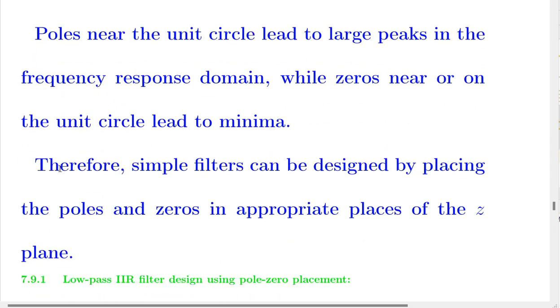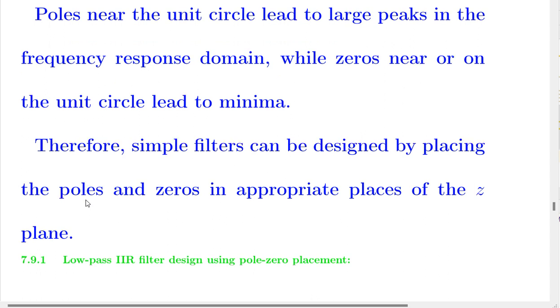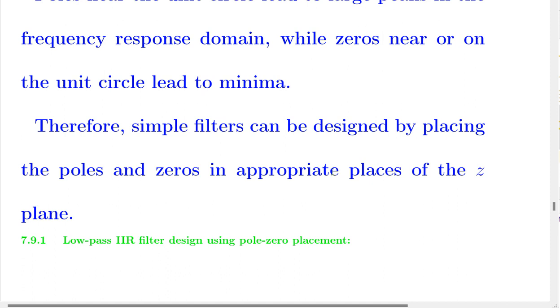Okay? Therefore, simple filters can be designed by placing the poles and zeros in appropriate places of the Z-plane. Just putting zeros or poles, of course, simple designs. Otherwise, you need computations.